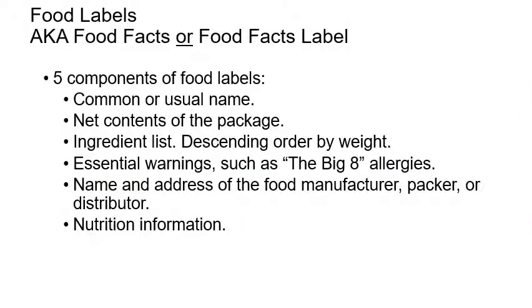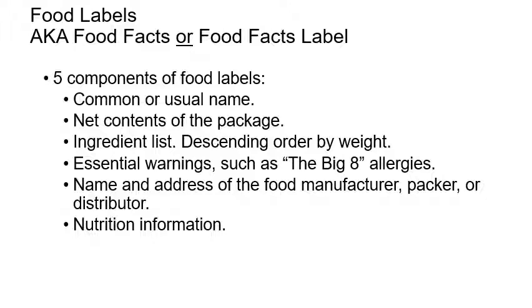Food labels. I've also heard it as food facts label. So I'm giving you these other names so you can be familiar with it in case you have conversations with people about food labels. 5 components of food labels. So you need the common name, the usual name, the net contents of the package, the ingredients list, descending order by weight.